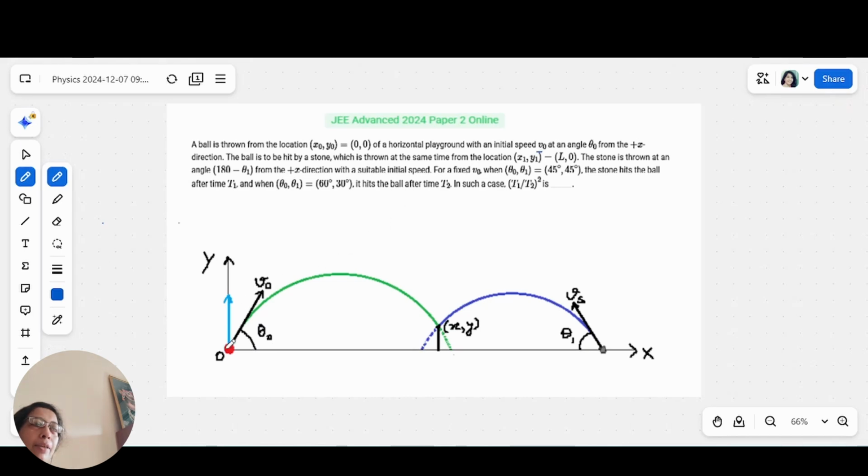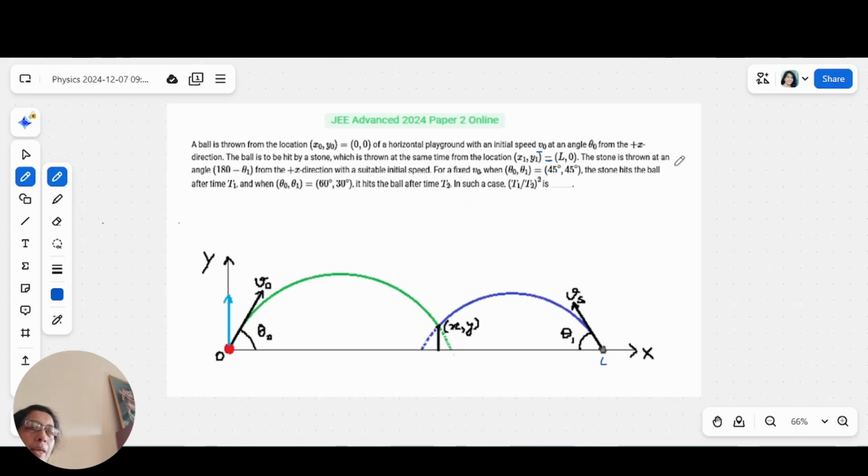So the initial speed of the ball is v0 and it makes an angle theta 0 from the x direction. The ball is to be hit by a stone which is thrown at the same time from the location x1, y1, which is equal to L, 0. That means the position here is L. X coordinate is L from where the stone is thrown.